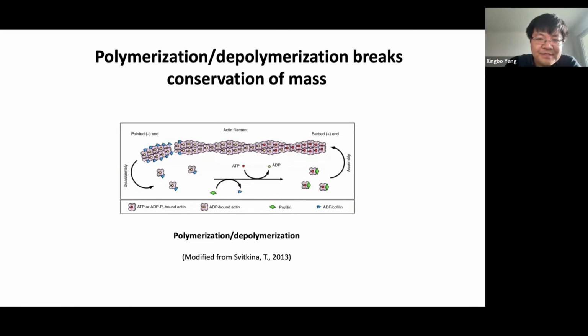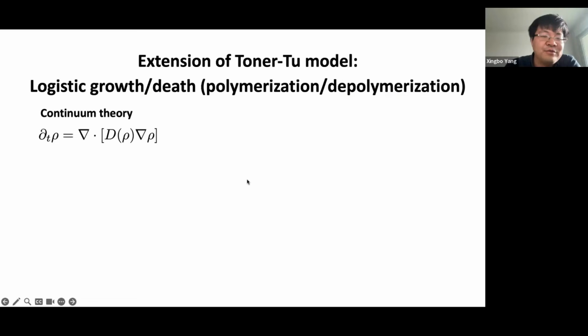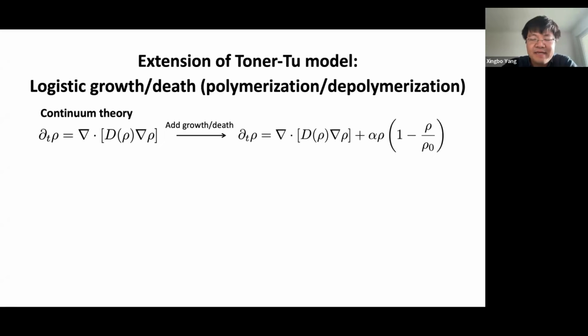model their dynamics more accurately, we actually have to go further than this crowding effect, where you basically say, now I can add this logistic term, right? I can basically add a growth or death or polymerization, depolymerization term into my equation, in this case, just density. So in addition to the first term, now I just put a certain growth rate here, and then postulate a certain logistic function here.